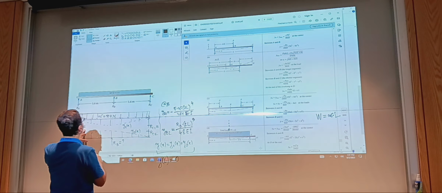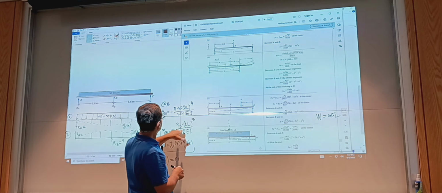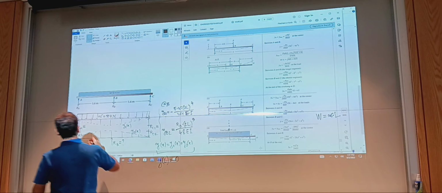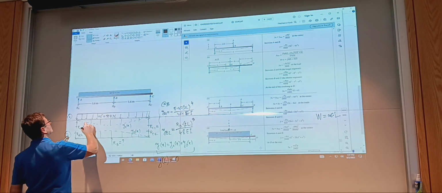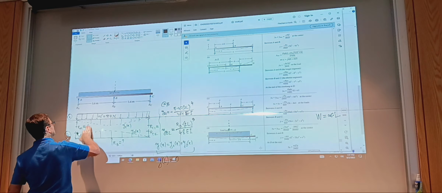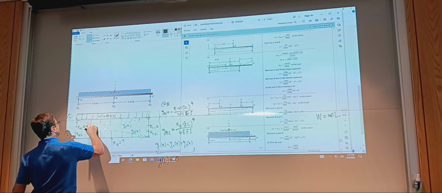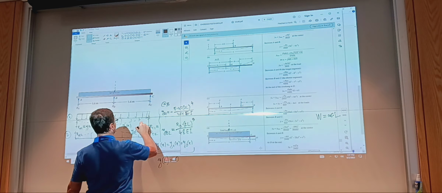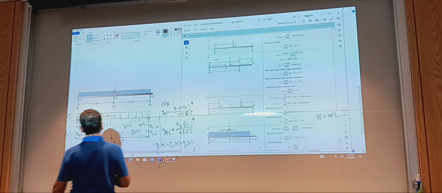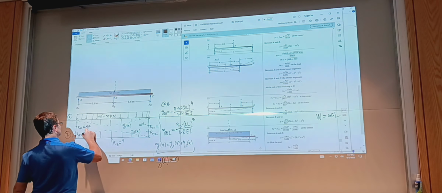So RA1 is going to be, essentially, half of the equivalent concentrated force, so it'll be w times 2L over 2, so it's w times L. And likewise here I have lowercase w times L. As for here, this is going to be RB over 2.